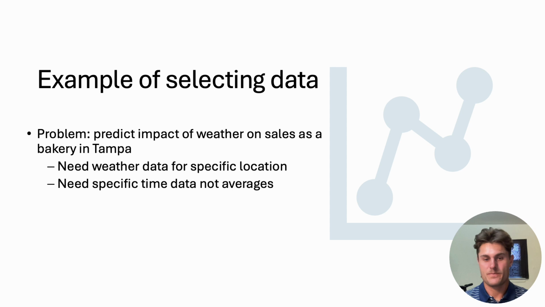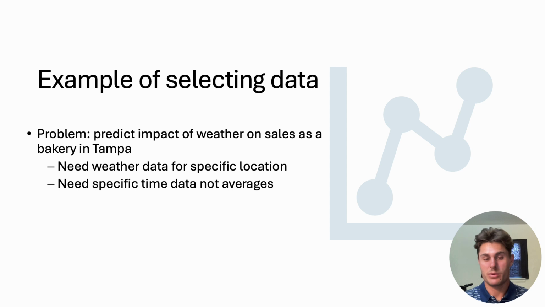If we want to predict and answer the relationship between weather and sales for a bakery in Tampa, obviously we need to look at data for that specific location. It doesn't help me if we look at overall weather trends in Lakeland or Orlando. No, we need to look at Tampa, and sometimes even in more detail, what side and location in Tampa.